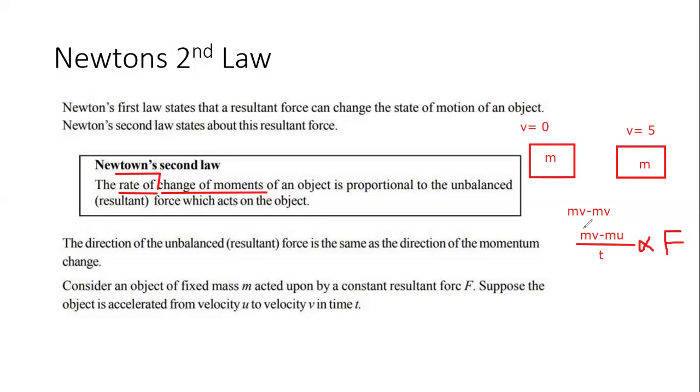To convert this into an equation, you have to multiply it by a constant, which is applicable for every equation in physics and also in mathematics. We have to multiply it by a constant to remove the proportional sign.